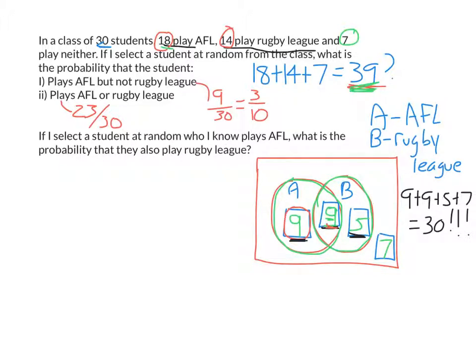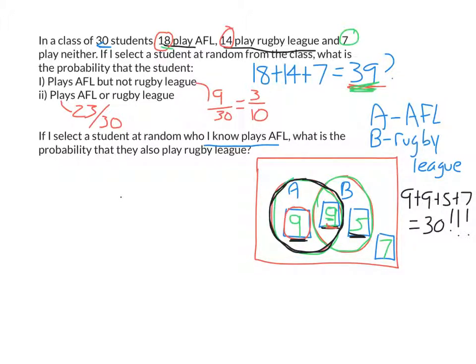So, that's those ones done. Now let's look at the other question. If I select a student at random who I know plays AFL, what's the probability they also play rugby league? So I'm telling you, I know that they play AFL. So I know that they're in this circle. So if I pick a student at random from this circle, what's the probability they play rugby league?